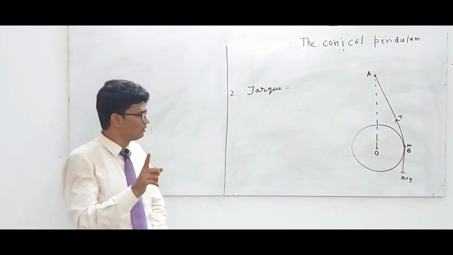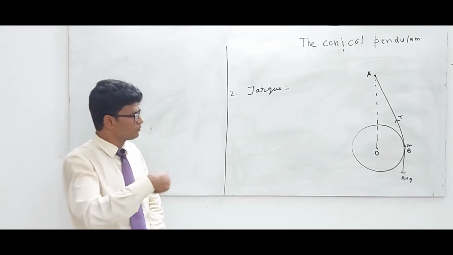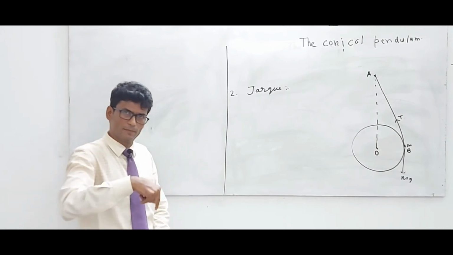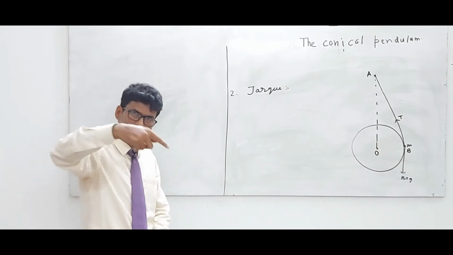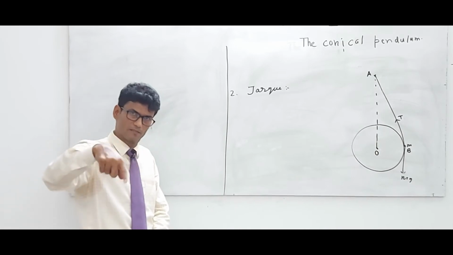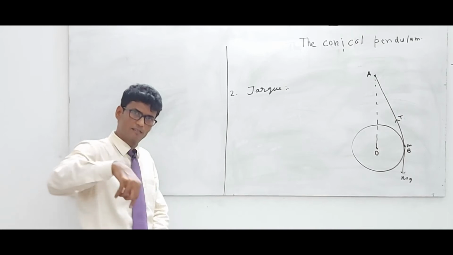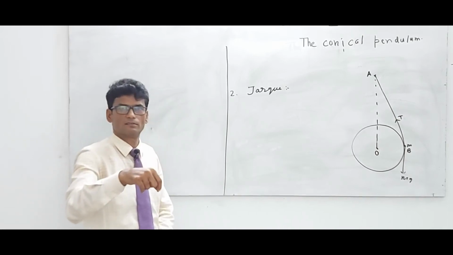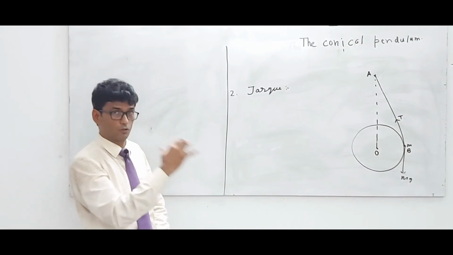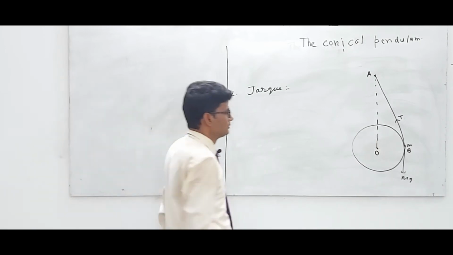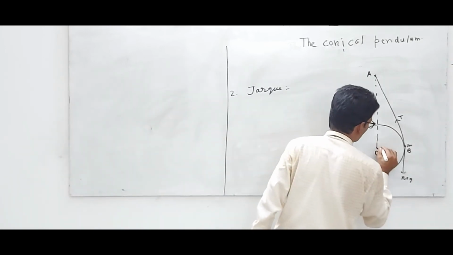Mind you, the radius of the horizontal circle is changeable as we provide the angular speed, but we have taken angular velocity, and hence angular speed, constant. That is why we are talking like that. So here, say the radius r.